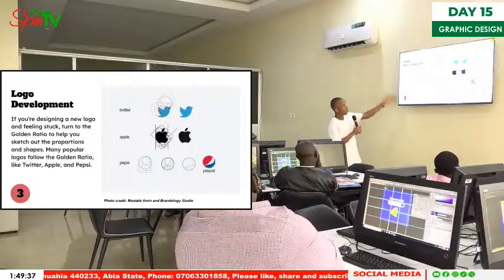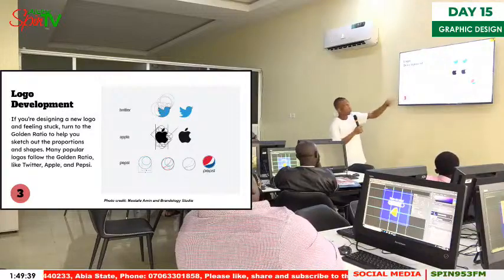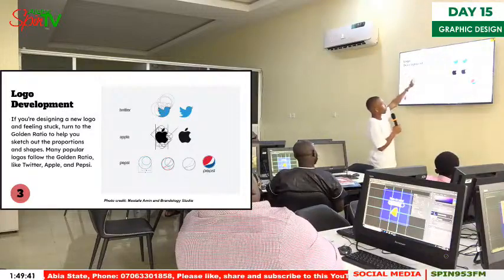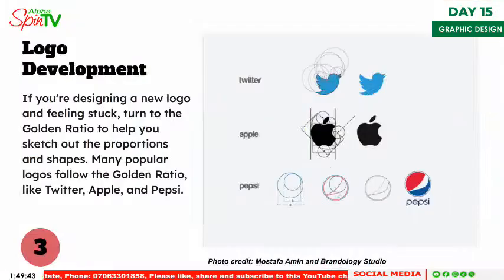Then logo development. If you are designing a new logo and feeling stuck, turn to the golden ratio to help you sketch out the proportions of your shapes. Many popular logos follow this golden ratio, like Twitter, Apple, and Pepsi. You can see the mathematical work that the team went through.